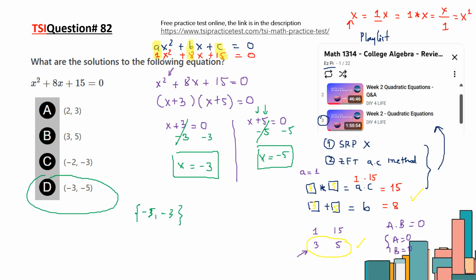It's the set of solutions, the solution set. Parentheses are usually used for ordered pairs, so it's not confusing. But because the answer choices are already set, we just choose the one that matches our answer, and that is okay.